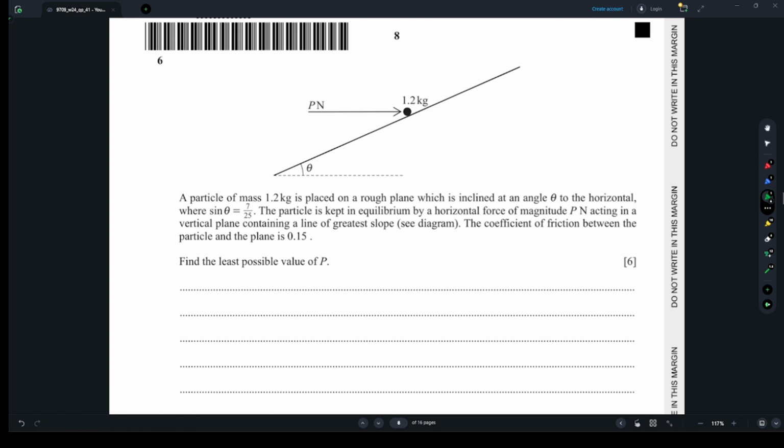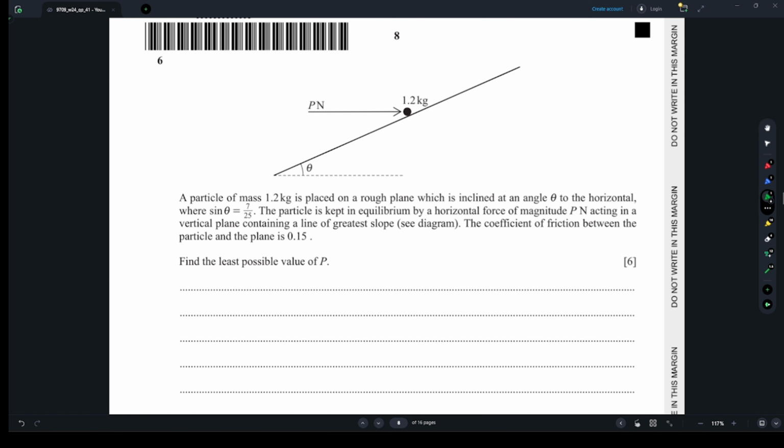Now let's move to the next one. So here what they're saying, a particle of mass 1.2 kilograms is placed on a rough plane. Okay, so now it's a rough plane, then there is a friction force. Incline there. Angle is theta to the horizontal.